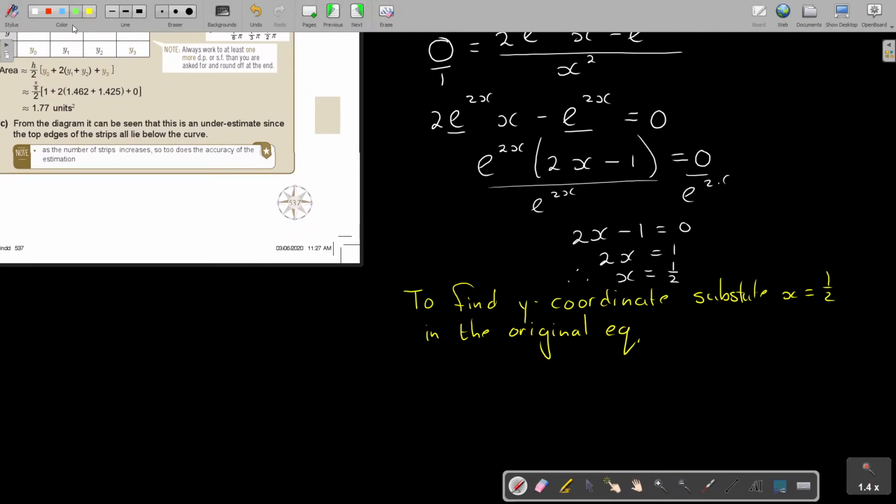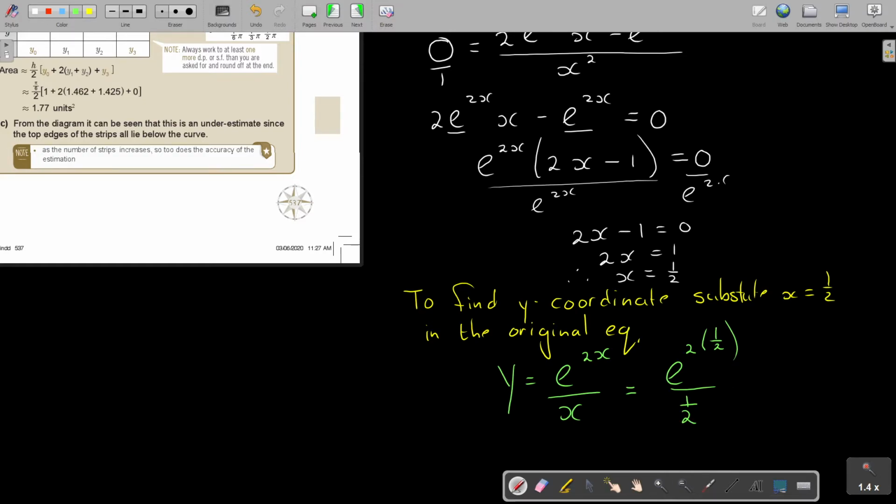So basically, my original equation is this. Okay, you see it? So it was e to the power 2x over x, and that is going to give me e to the power 2 times a half, over a half.